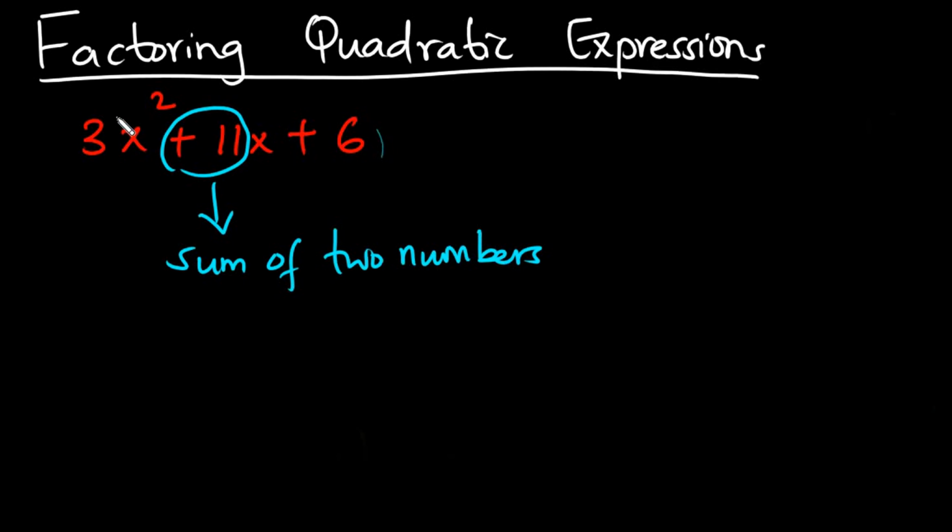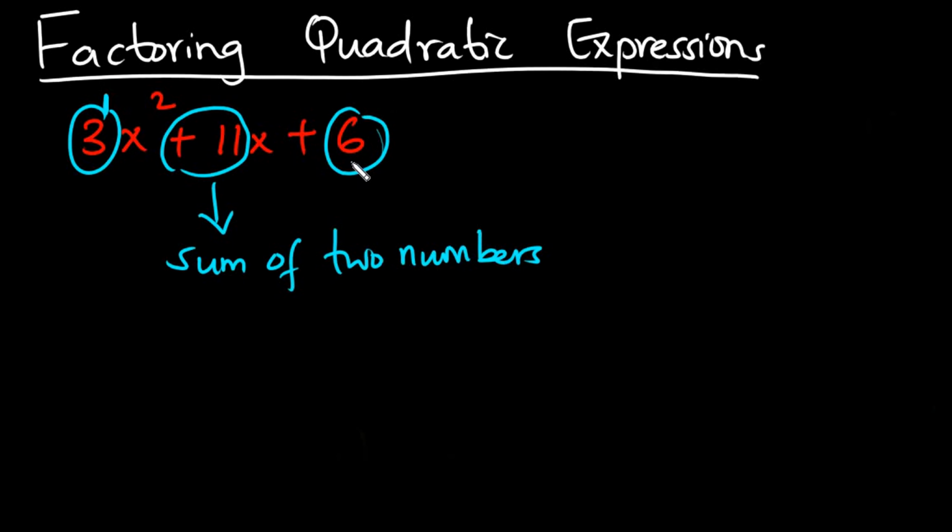But for this case, since the coefficient is not 1, what is going to represent the product of these two numbers is 3 times 6. When we multiply 3 times 6, it's going to be 18. So 18 is going to be the product of those two numbers.